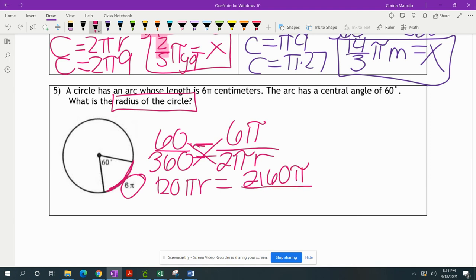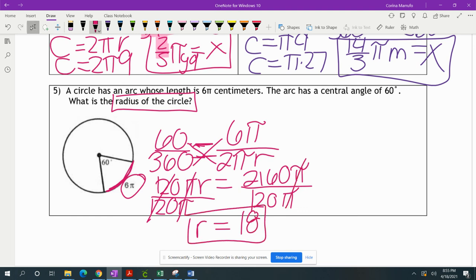And then to solve for our radius, I'm going to go ahead and get rid of this 120 pi that's here with the r. So what I do to one side, I have to do to the other side. So here the 120s cancel, the pi cancels, and all we're left with is r. Here, so we get 2,160, we divide it by 120, and that gives me 18. When I divide the pi's, they cancel each other out, so that means our radius r is equal to 18.